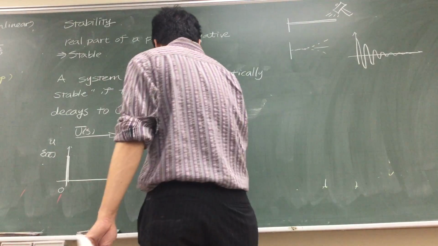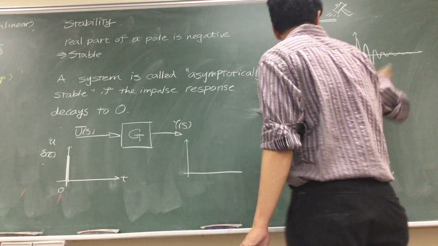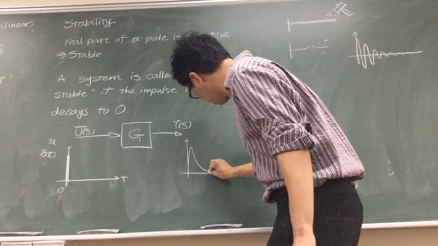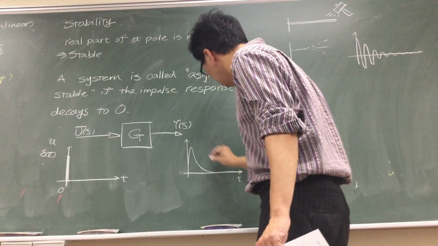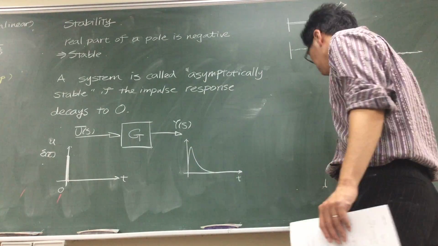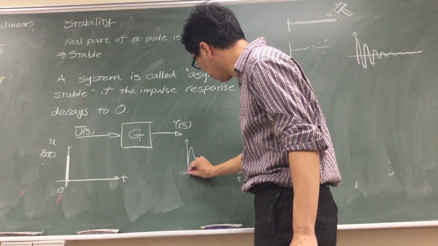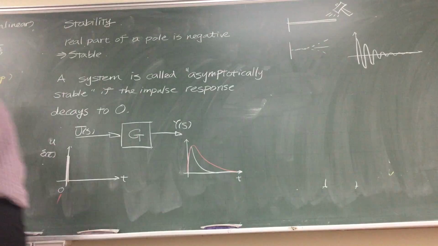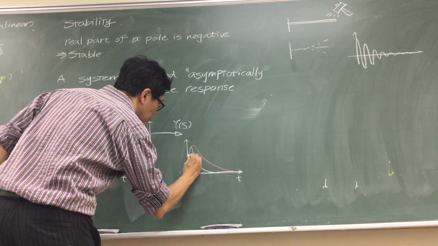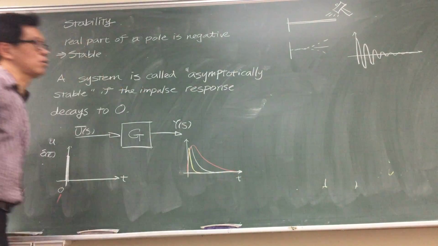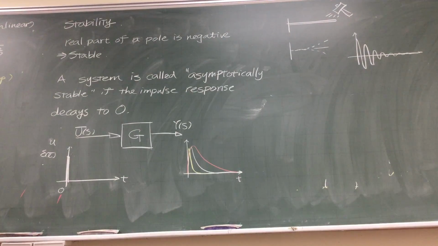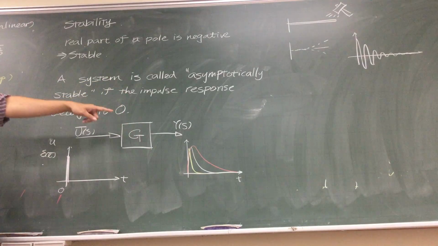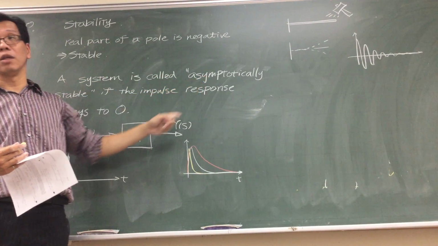And the output over here, if it's a second order system, it's going to be like this. If it's a first order system, it's going to be like this. It doesn't matter. You have your system like this, or like this, or like this. As long as it decays to 0 with a certain amount of slope, we call this one asymptotically stable.